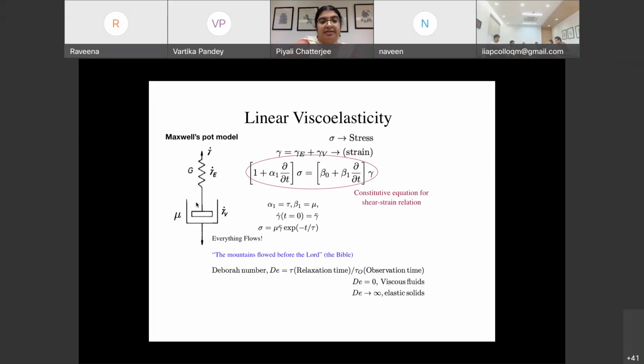So basically the viscoelastic fluid, or a fluid in which a little bit of polymer is added, can be thought of as a spring like this with a spring constant G, and attached to it is a pot in which you have a fluid of viscosity mu. This whole setup is like the polymer which is interacting with the fluid, and then people solve these equations, and what happens is you get a concept of a relaxation time.